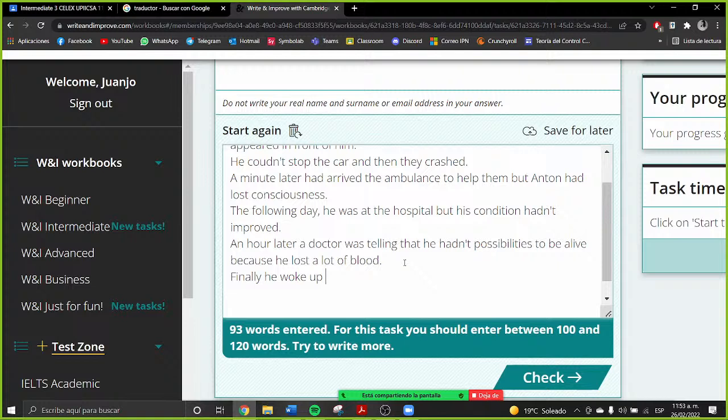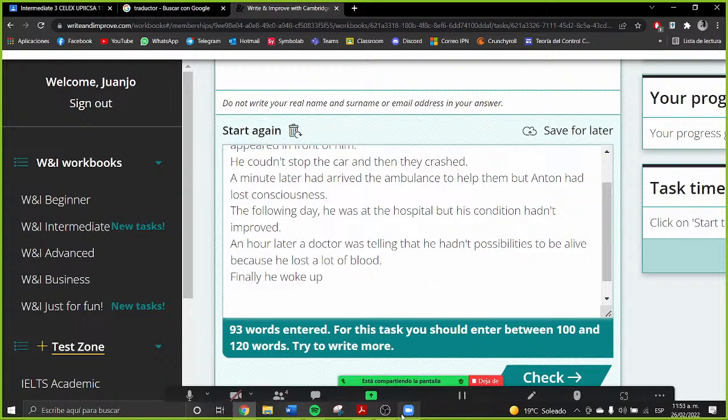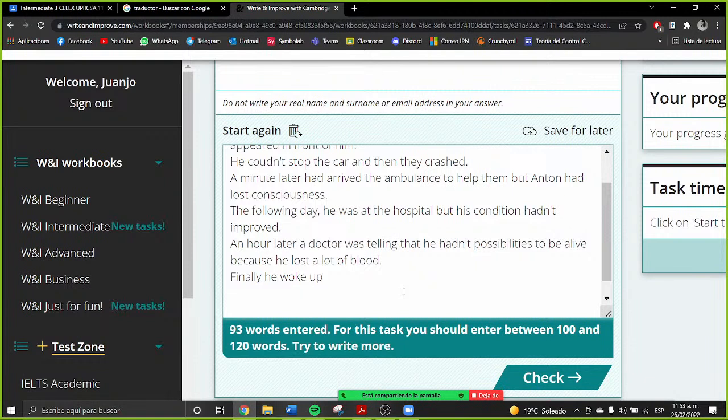He woke up. Maybe podría decir, finalmente él despertó y supo o se enteró que varios de sus amigos habían donado sangre, no sé. And he realized what many of friends, a lot of friends had donated blood for him.